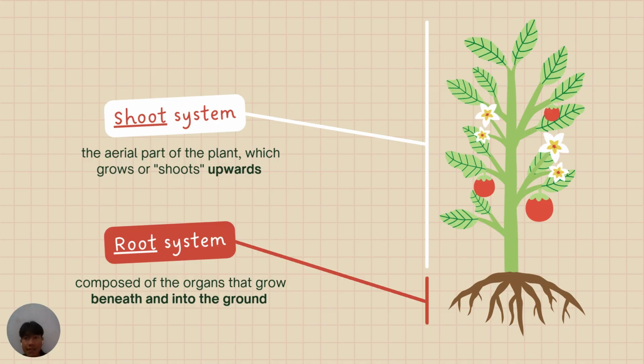Let's define this simply. The shoot system is the aerial part of the plant. This is the part that grows or shoots upward above the ground. On the other hand, the root system is composed of the organs that grow beneath the soil and into the ground.